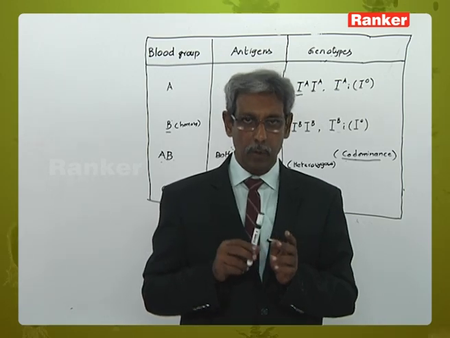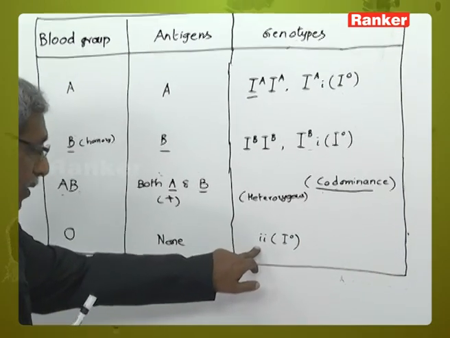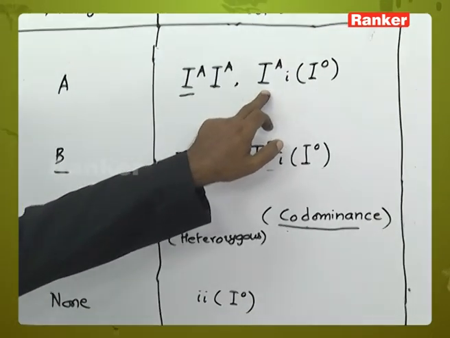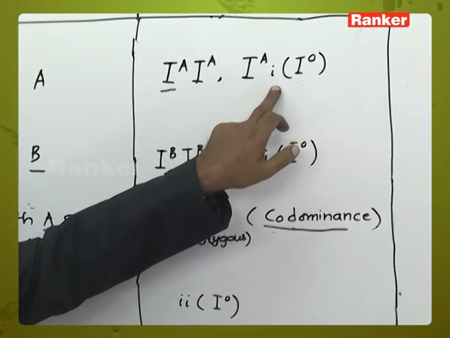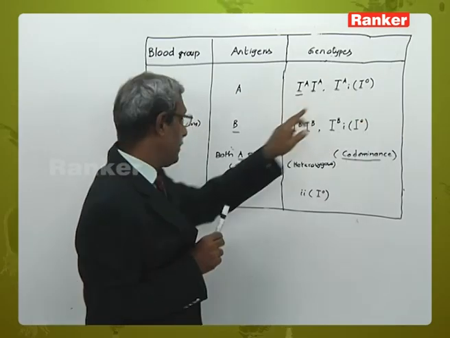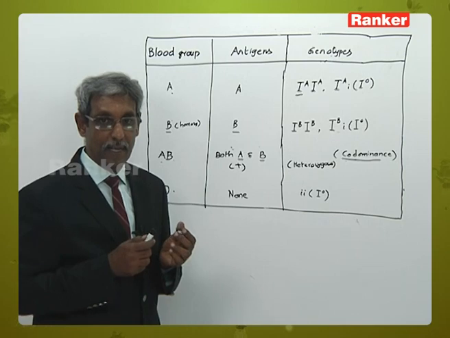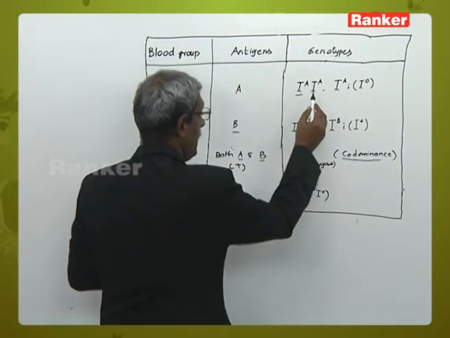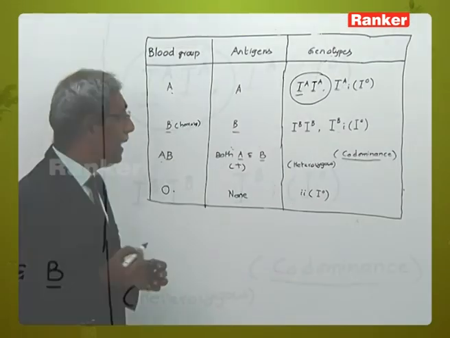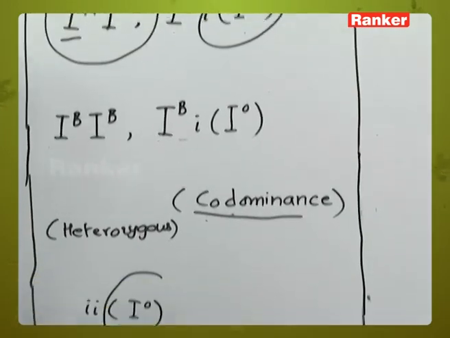Because the offspring have only O and A blood groups, you understand blood group O has the genotype small i, and blood group A could have the genotypes IA i as well as IA IA. So the possible genotypes of the parents, when O and A are the offspring, are IA i, and it could also be ii together.